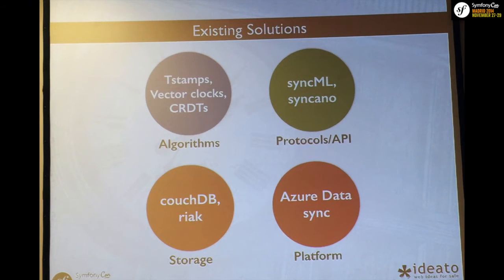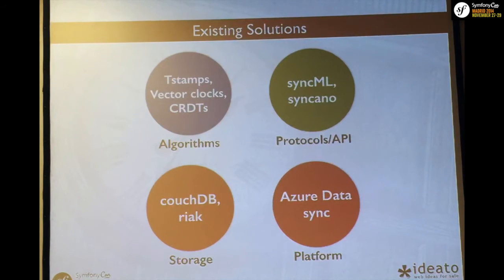You will find several protocols or APIs like SyncML, which is a bit old, actually, a protocol for synchronizing data like calendar notes, events, and stuff like that for PDAs. Also, there are a couple of document databases which embrace the fact they are distributed, and so they help you in identifying and resolving conflicts when merging data.